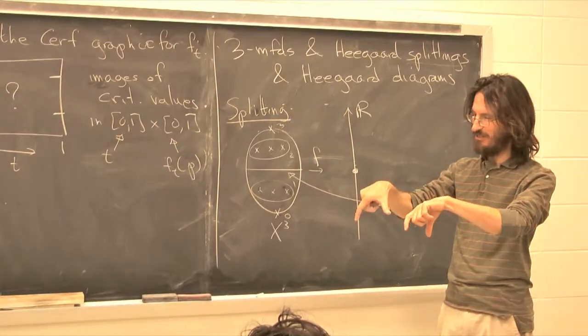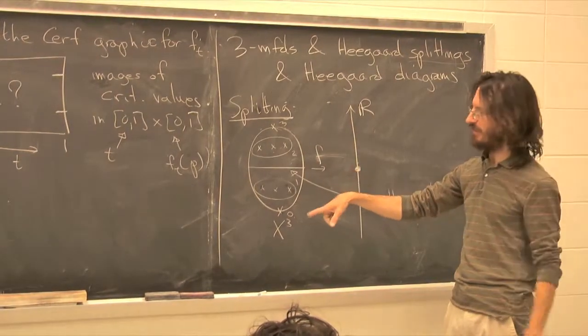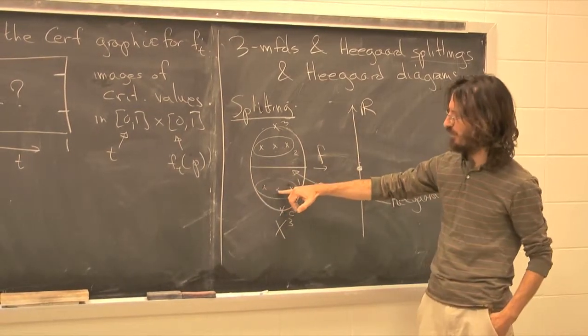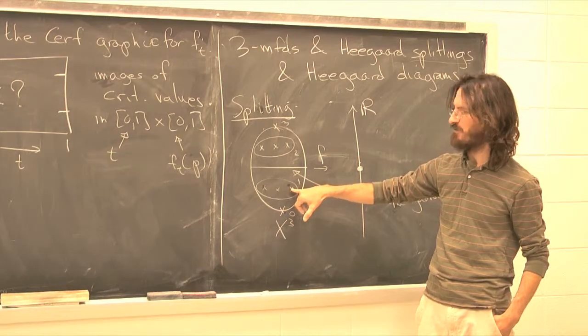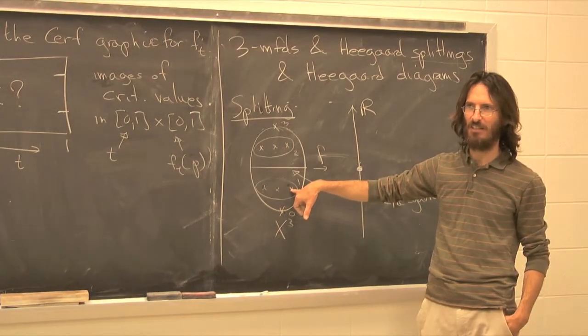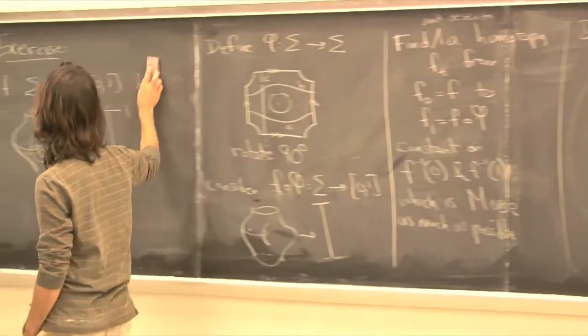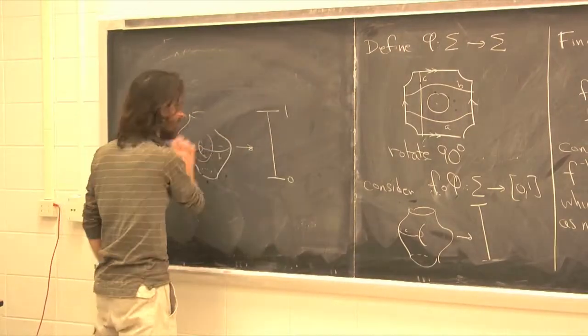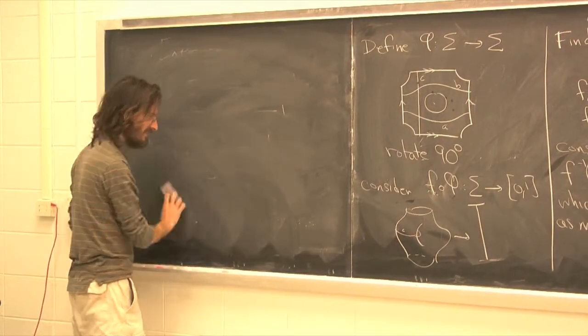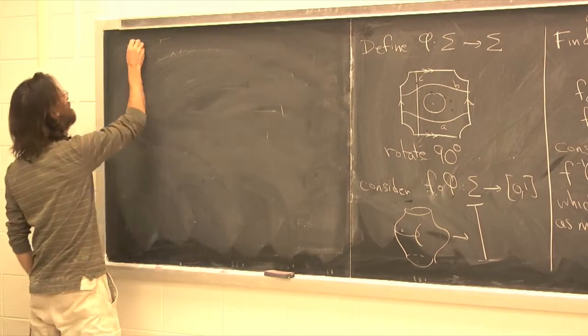And then once you realize you can attach them all at the same time, you realize you could, if you want, force all these index 1 critical points to have the same value. And so I will probably never reference it, but in the literature, you may see what's called a self-indexing Morse function.